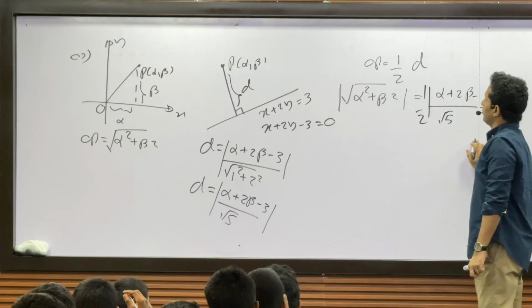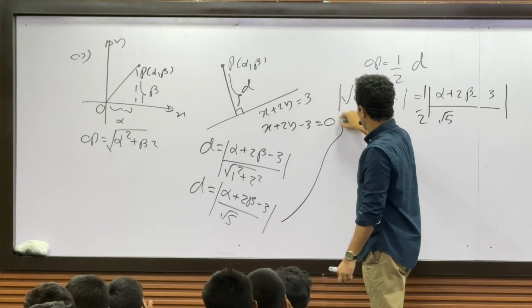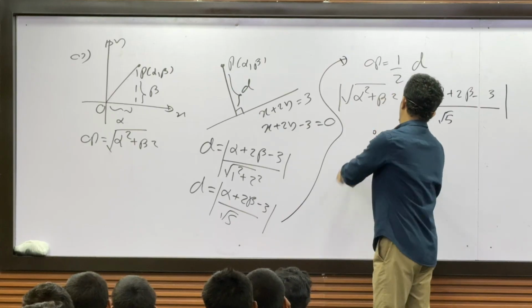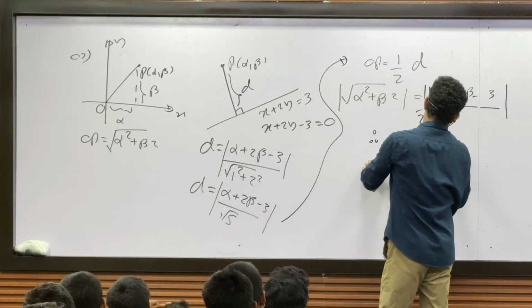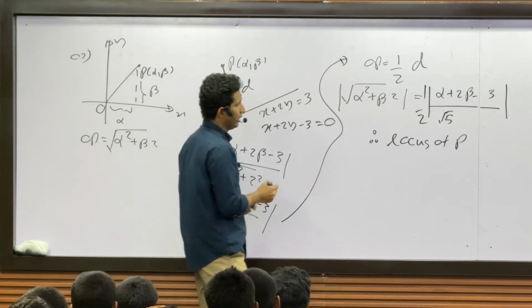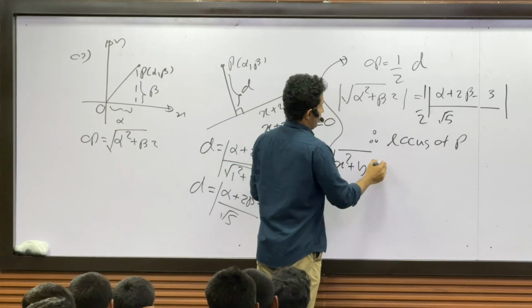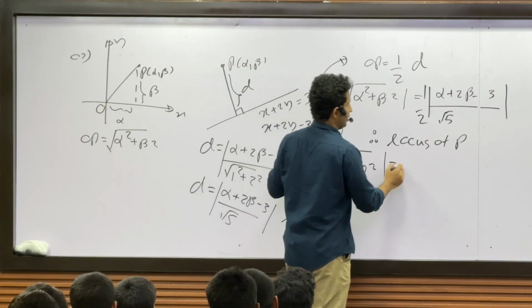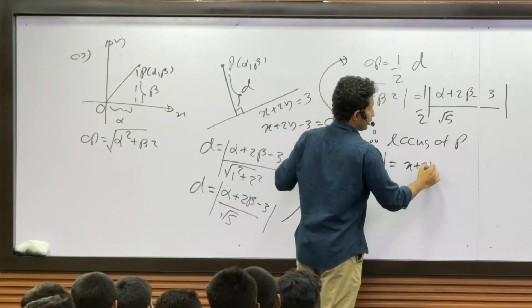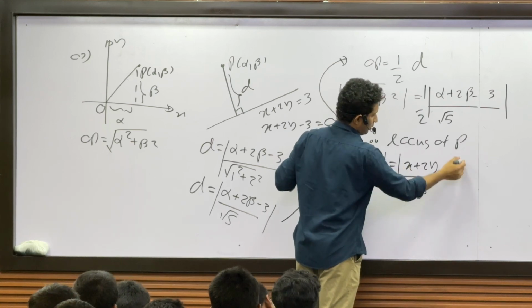Now to make x and y the subject, therefore the locus of p: instead of alpha and beta, you can put x and y. Here the square root of x squared plus y squared, modulus, equals x plus 2y minus 3 divided by 2 root 5, modulus.